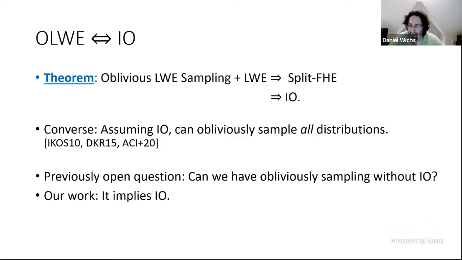And similar to what Yael talked about yesterday, you can interpret this as a pessimist or an optimist. If you're a pessimist, you'll say, oh, this really means that oblivious LWE sampling is hard because it implies IO, and IO we know to be hard. But in this talk, I want you to be an optimist and say, oh, actually, it means IO is easy because all we need to do now is just oblivious LWE sampling.